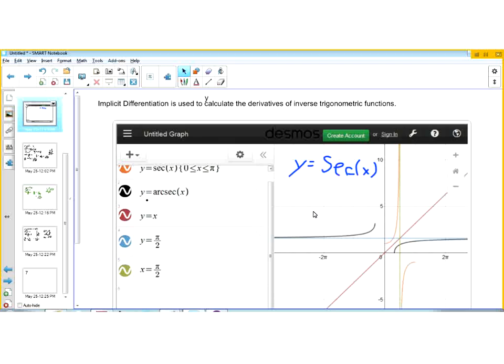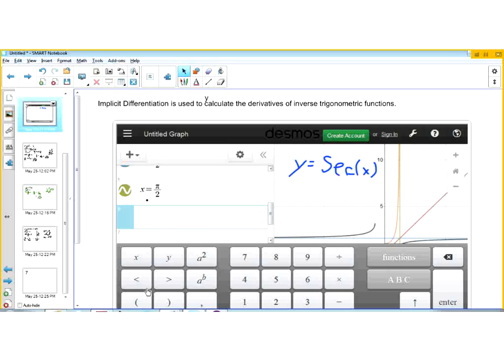All right, so now we need to calculate that. So note with the secant function, the y values range between, let's see, okay, so this is pi halves, right? So this is the line y equals pi halves. We need to define where the output of the secant function, or the output of the arc secant function, is restricted to.